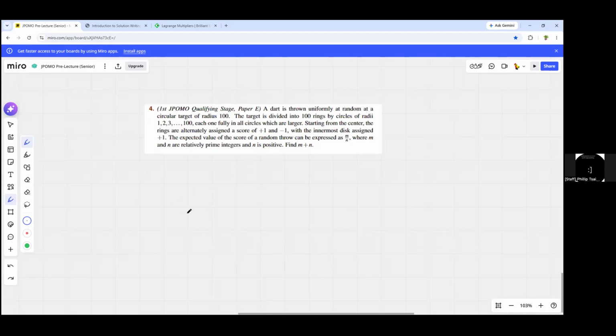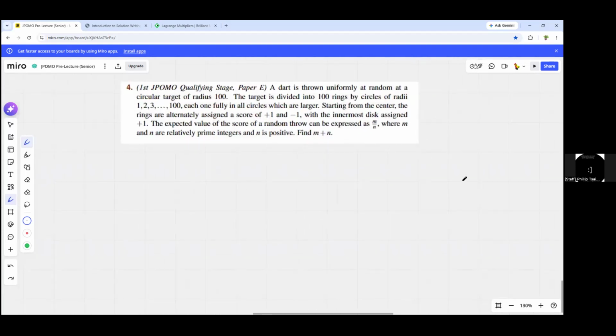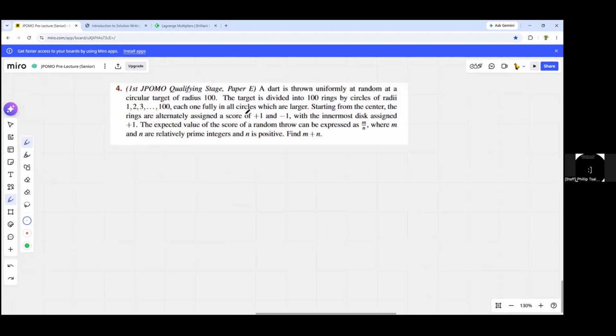So I'll just draw the diagram here. With any geometry problem, it's very helpful to draw a diagram first. So here we have the target divided into 100 rings. It looks something like this. I can't draw 100 rings, of course, but I can draw a rough idea of what it looks like.